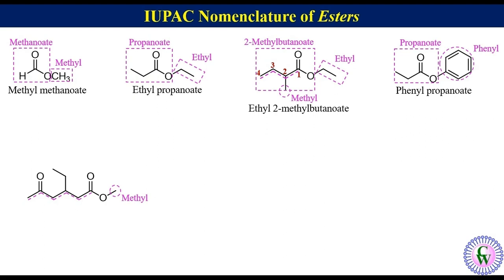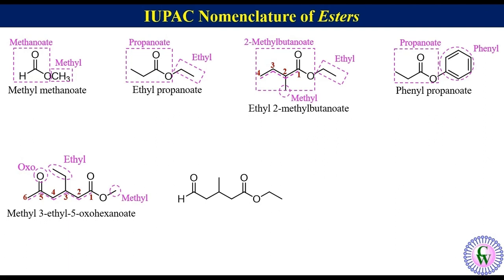Numbering will be 1, 2, 3, 4, 5 and 6. Here we can see that there is an ethyl group at C3 and an oxo group at C5. Thus, the IUPAC name will be methyl 3-ethyl 5-oxo hexanoate.